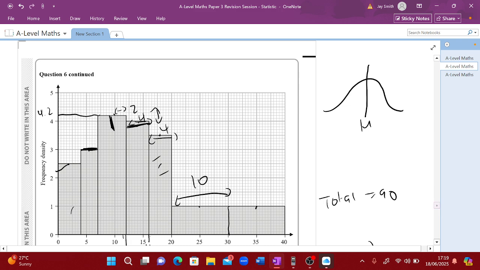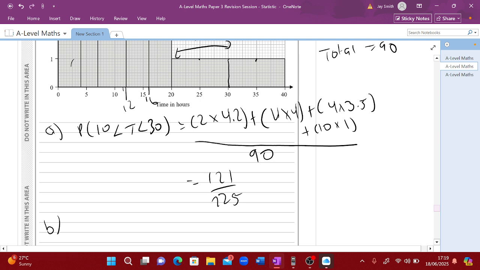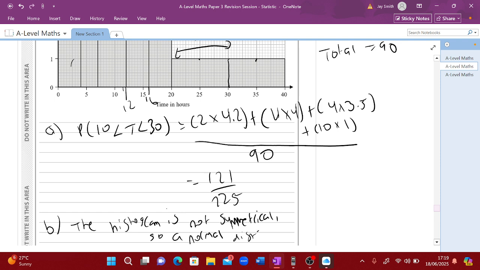And that's going to be our answer essentially. So part B, a normal not symmetrical. The histogram is not symmetrical. So a normal distribution is not suitable here.